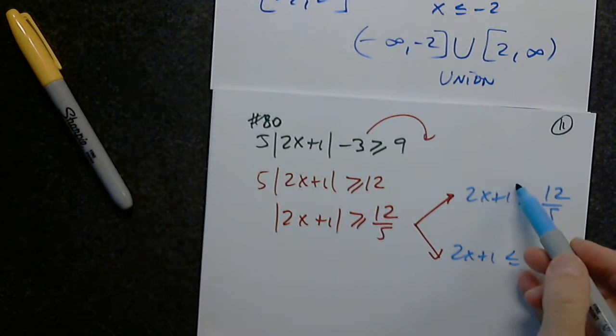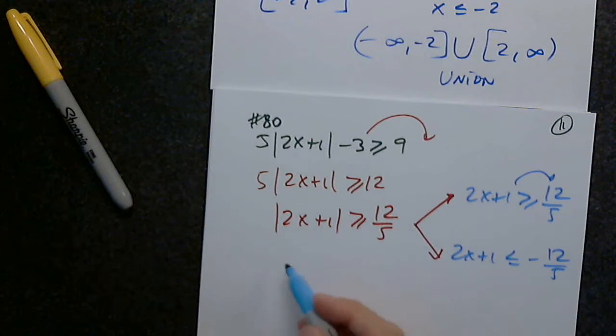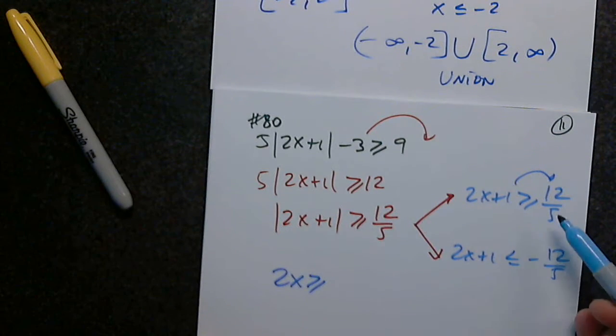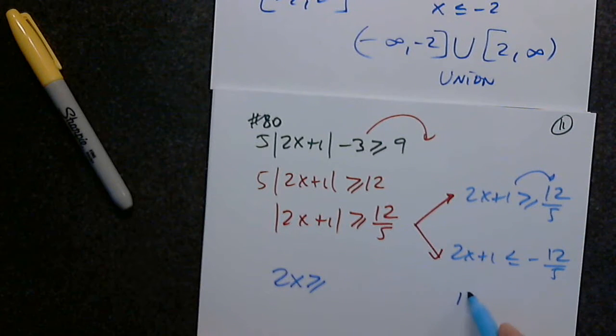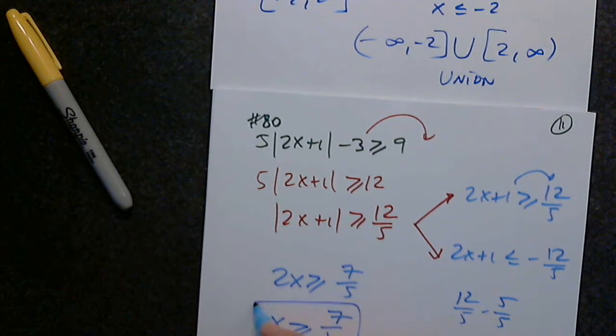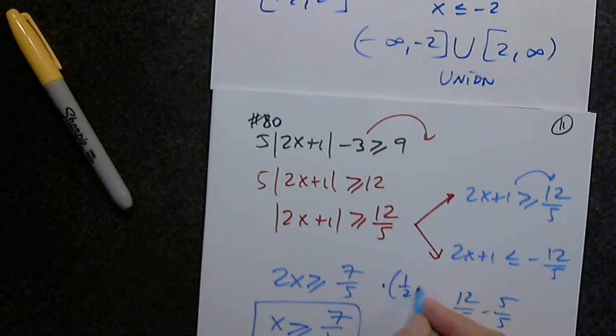So I'm moving 1, it becomes negative, so I have 2x greater than 12/5 minus 5/5, which is 7/5. That's the first one. And now we multiply everything by 1/2. So x greater than or equal to 7 divided by 10.